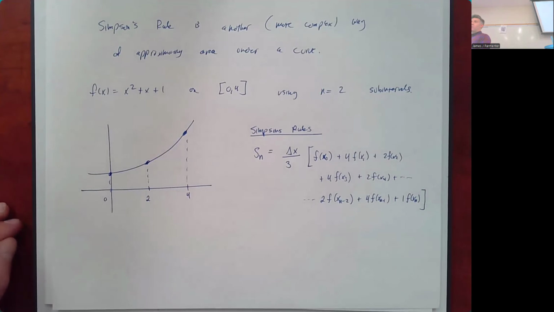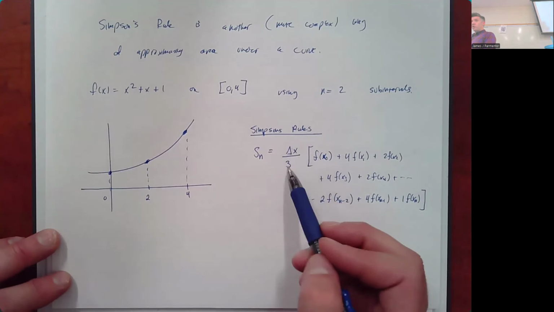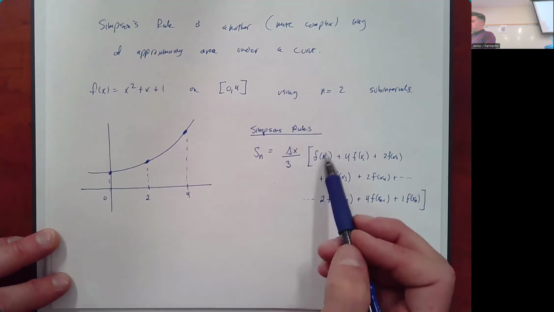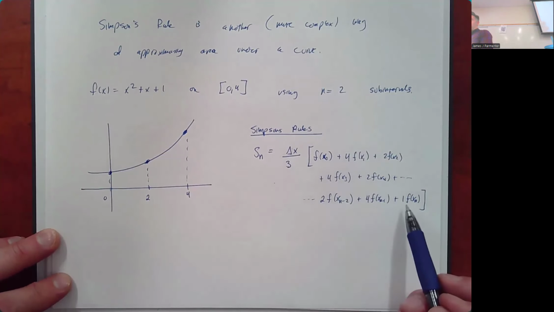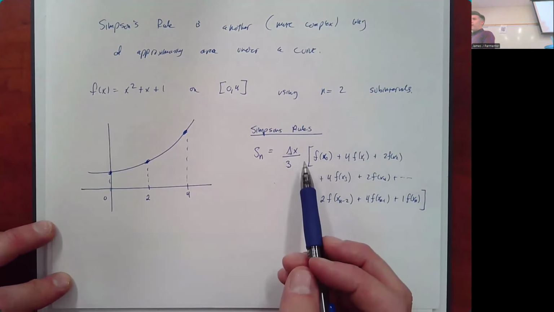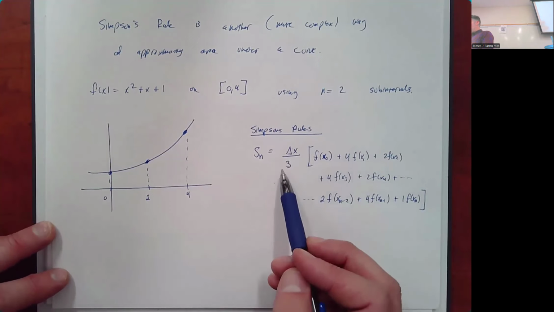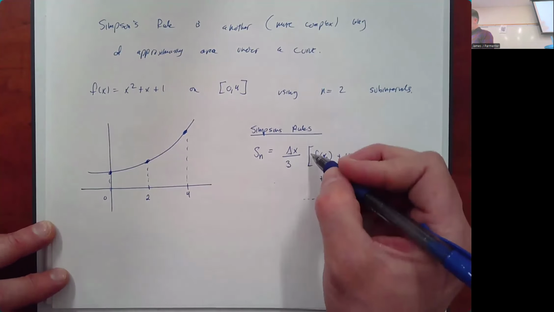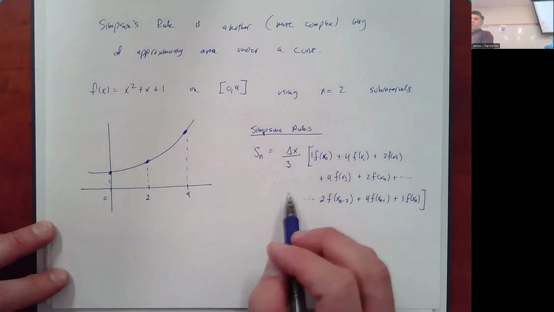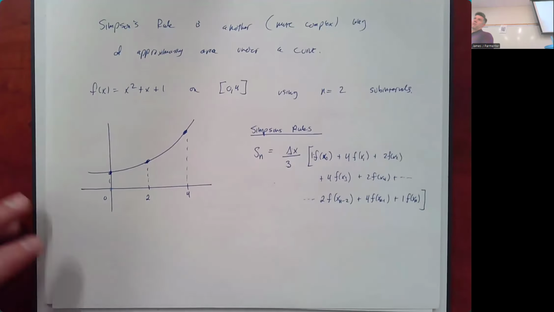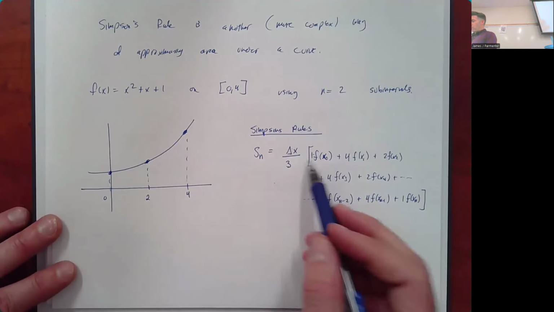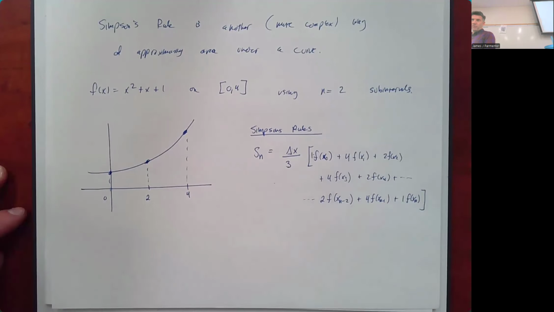So for the trapezoid rule, the pattern is delta x over 2, then 1, 2, 2, 2, 2, 2, 2, 2, 2, 1. For Simpson's rule, the pattern is delta x over 3, and then it's 1, 4, 2, 4, 2, 4, 2, 4, 2, 4, 2, 4, 1. So in this case, we don't get any 2s because the pattern is going to be 1, 4, 1, because we only have 3 points to deal with here.